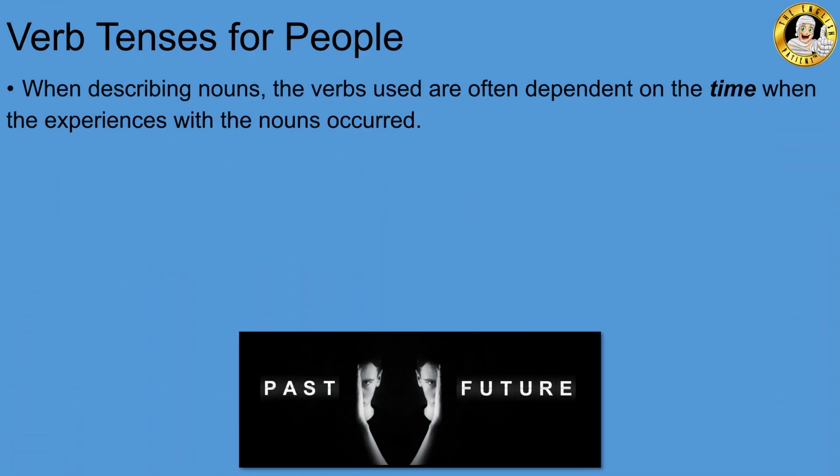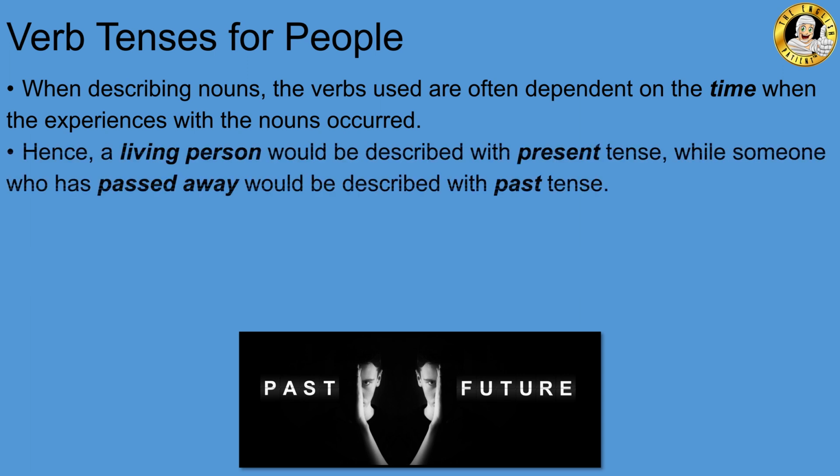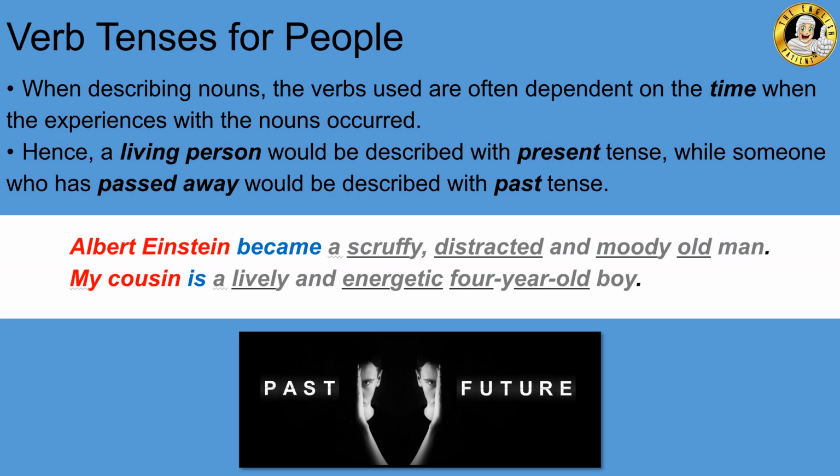Now, when describing nouns, the verbs used are often very dependent on the time when the experiences with the nouns occurred. So, for example, a living person would be described with present tense because they haven't finished themselves yet, while someone who has passed away would likely be described with past tense.